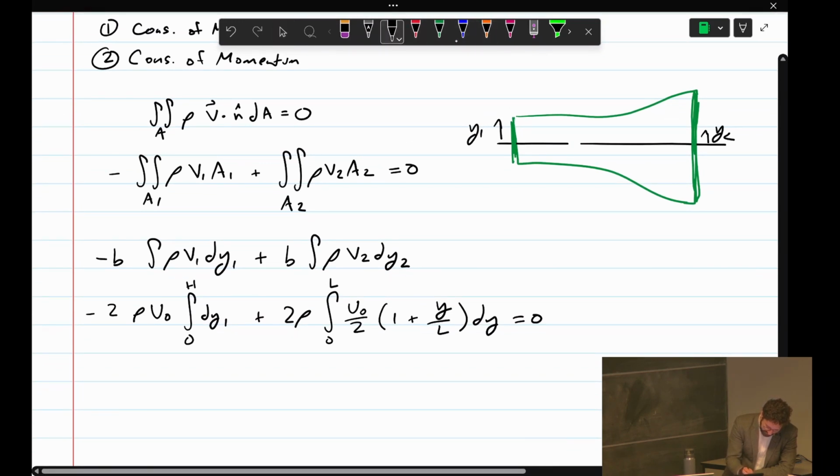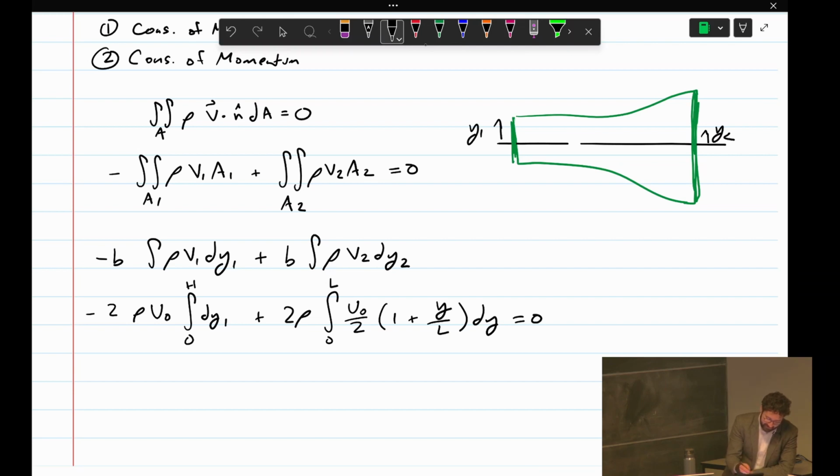Okay, so we have a constant velocity along 1. So it just turns into velocity times length. Velocity times area, the mass flow right there. This integration comes from a linear function I've created here that goes from u0 over 2 to u0.